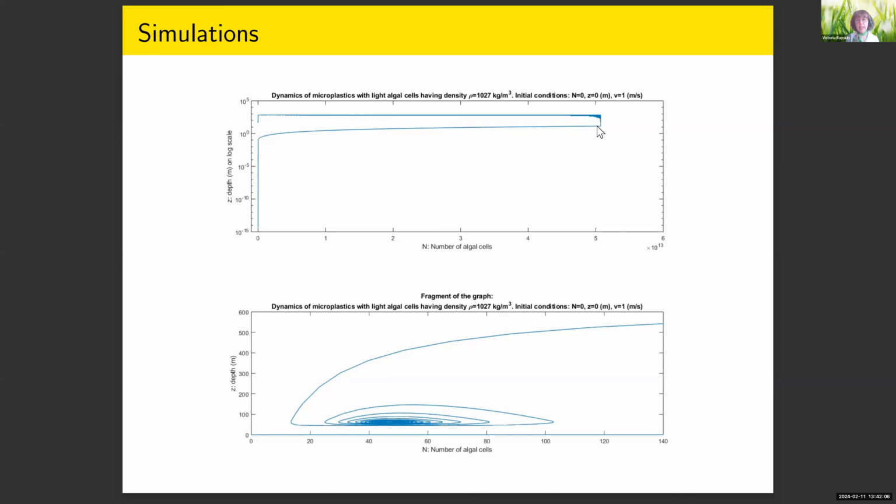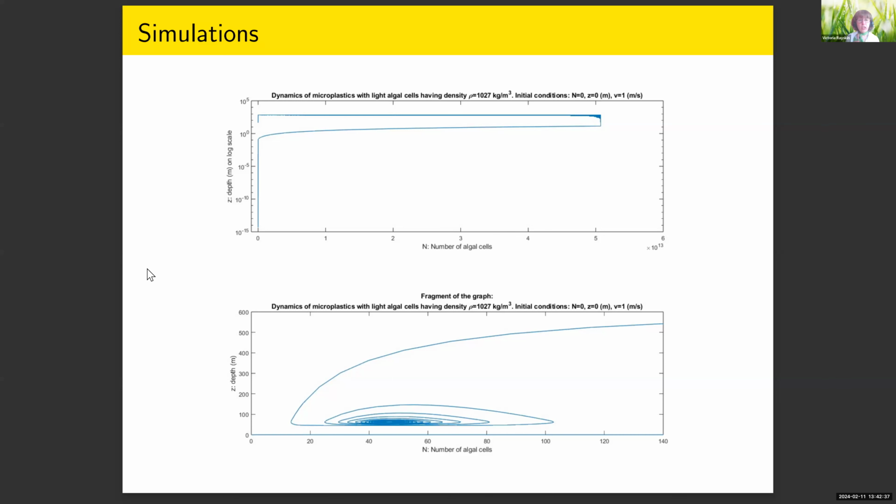And this happens until certain depths where growth of algal cells is no longer possible. So then the depth and the number of algal cells are decreasing. And you can see that here the aggregate is going towards the surface of the water.